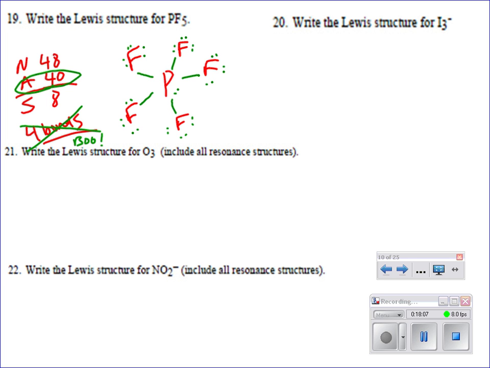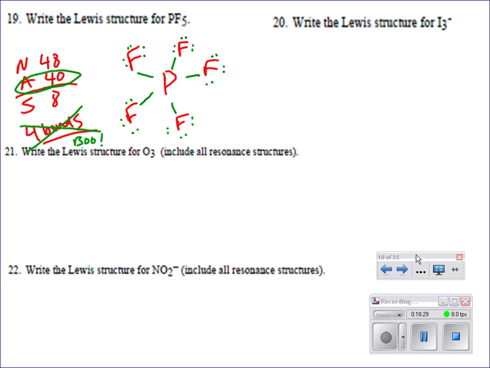But there's not, so let me erase those without killing all my bonds. Okay? So when needed, available, shared doesn't work, go to your available, attach everything singly to the center, fill up the outside, and then put pairs on the central atom.